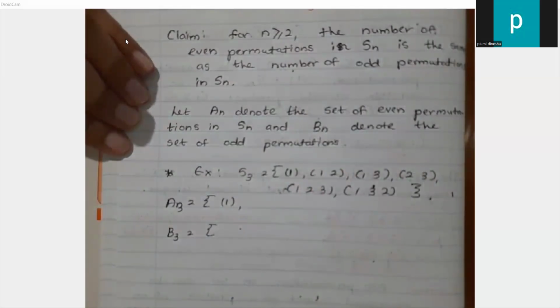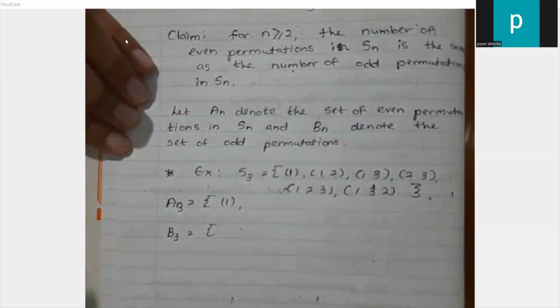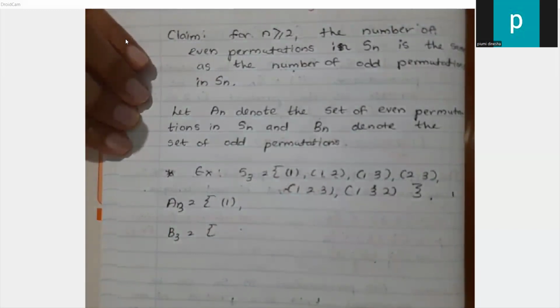Only one transposition, only one 2-cycle. It's not about the number of elements inside. It's about the number of transpositions in the product representation of this permutation.